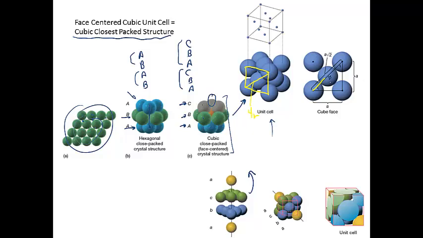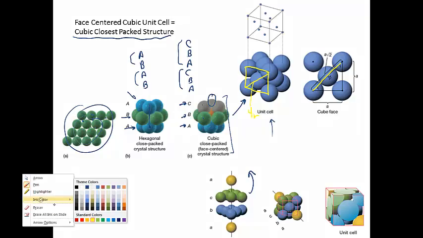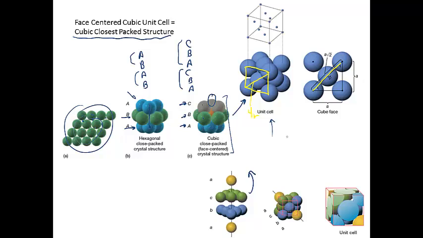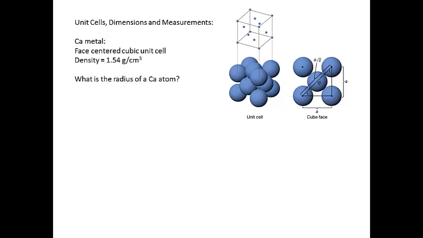Therefore 4r is going to equal the square root of 2 times the edge length. And you can use that in relating the structure to other things.